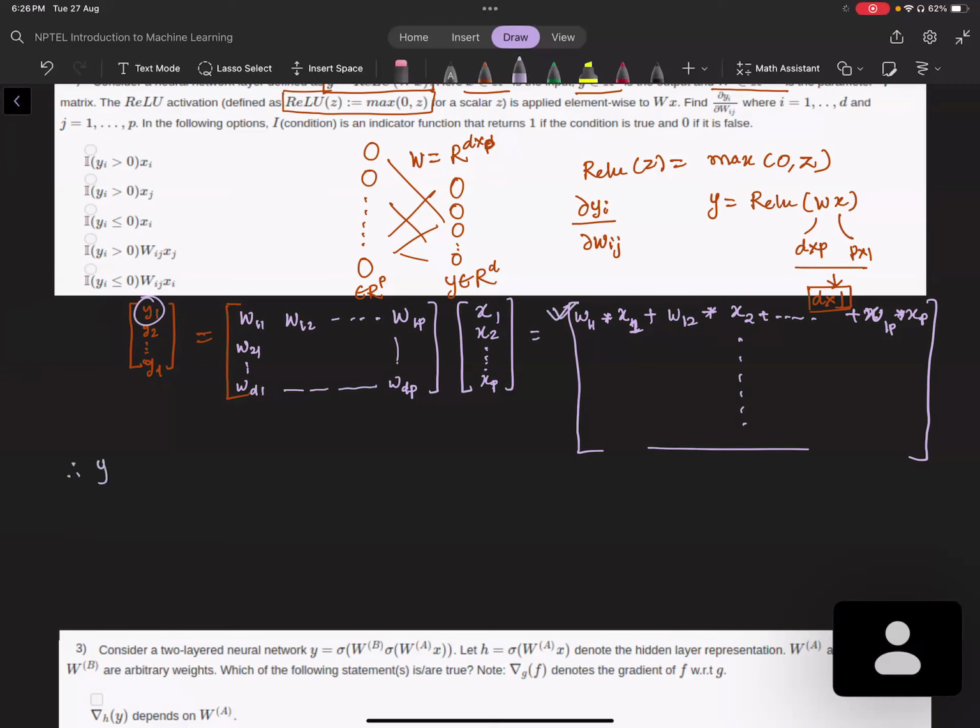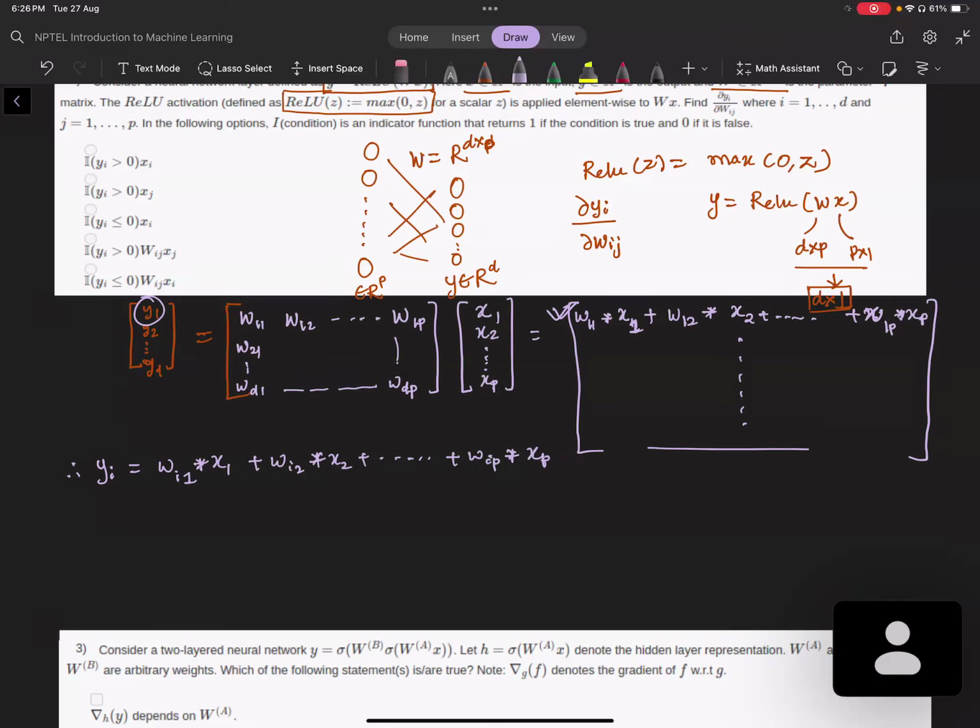Similarly, yi would be equal to wi1 times x1 plus wi2 times x2 up to wip times xp.